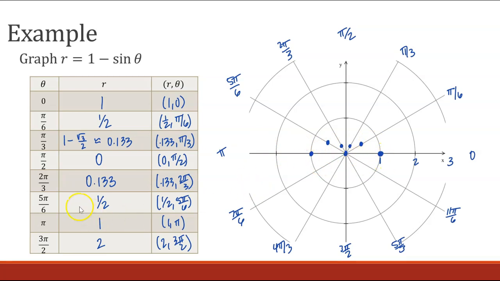And from there, I substituted in pi. Then the next value I have listed is 3 pi over 2, the next angle, and I would go 2 units towards 3 pi over 2, so that's going to take me down here. So I didn't, although I could have, substitute in these other angles, but here's what I'm going to go ahead and do. I'm going to start to connect these points.